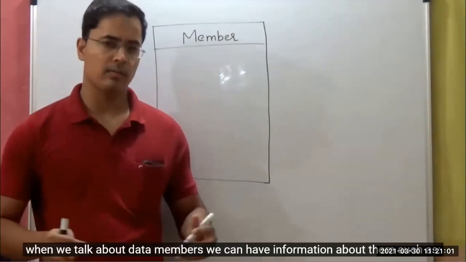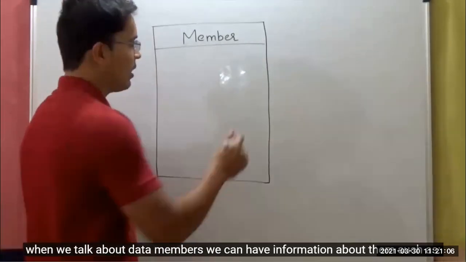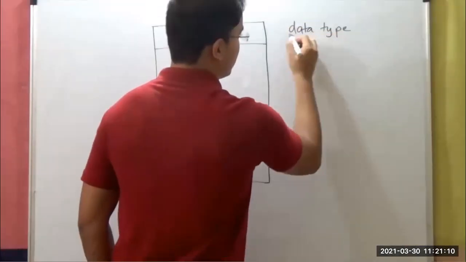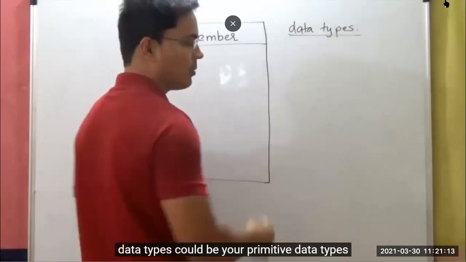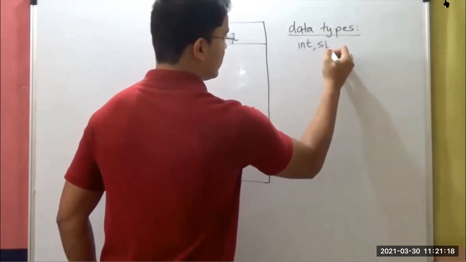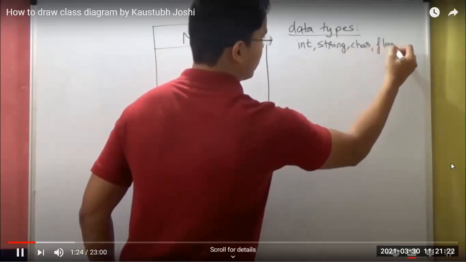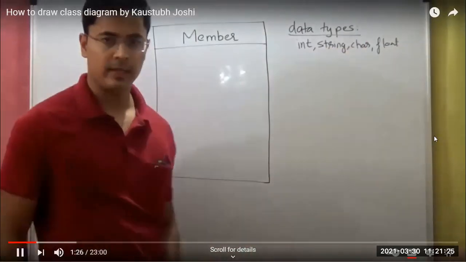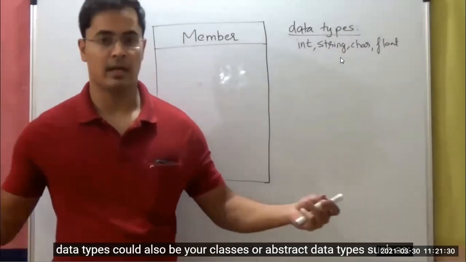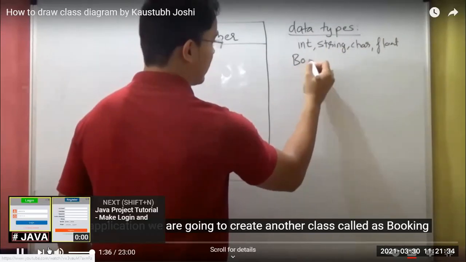When we talk about data members or variables, instance variables of the class, we can have information about them such as data types. Data types could be your primitive data types like integer, string, char, float, etc. Data types could also be your classes or abstract data types, such as, let's say, in our application, we are going to create another class called Booking.